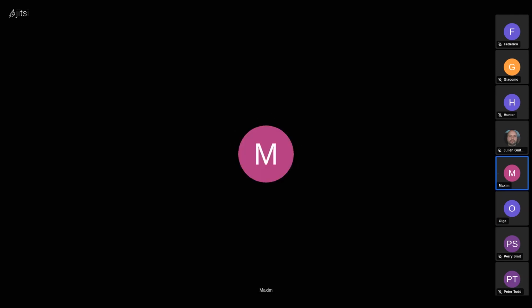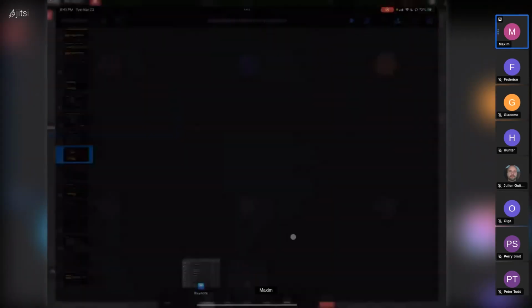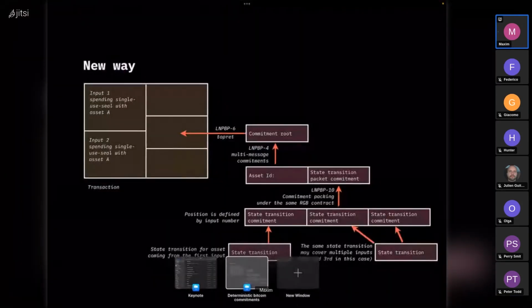And this problem can be avoided by having a second level of Merkle tree. So basically, with LNPBP 4, you have a Merkle tree of protocols, and then each leaf is a commitment to a small Merkle tree, one per transaction input.